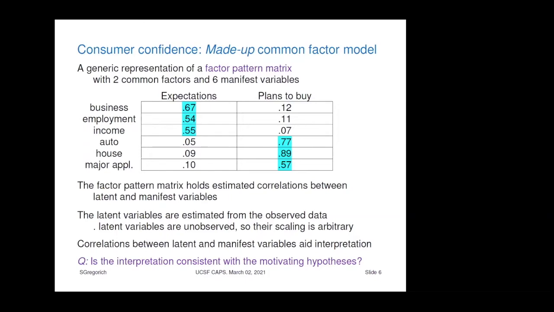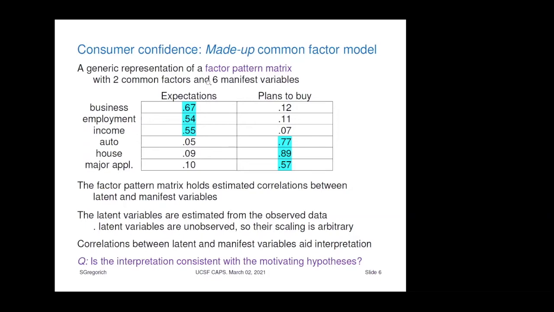So based upon this pattern of results, I might look at the items that are related to the first factor and come up with a label that I think describes the first factor, and the same thing for the second factor.